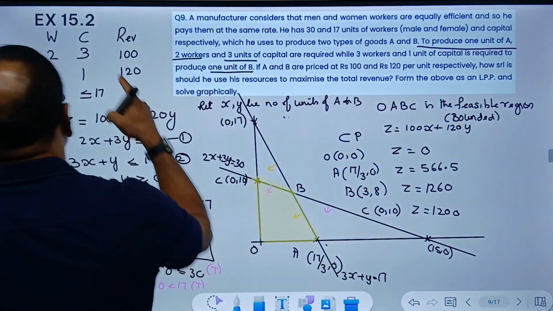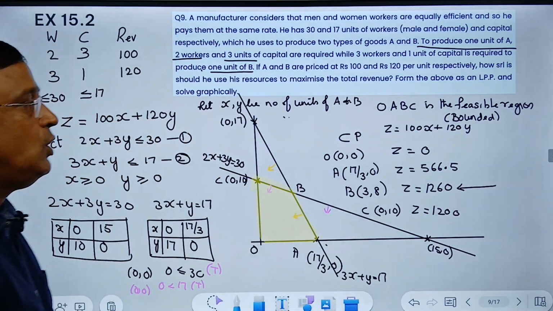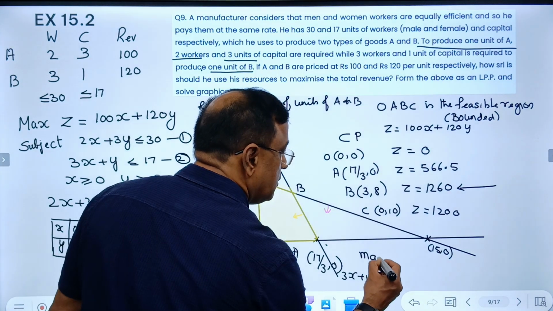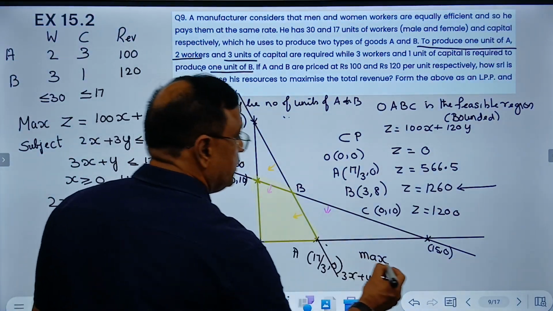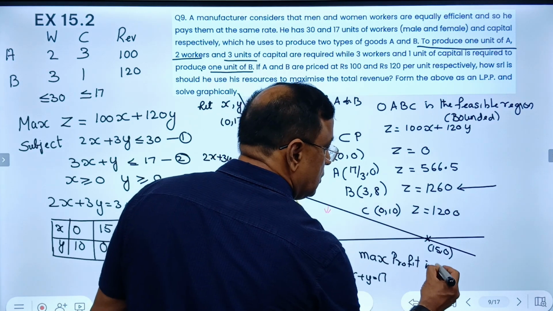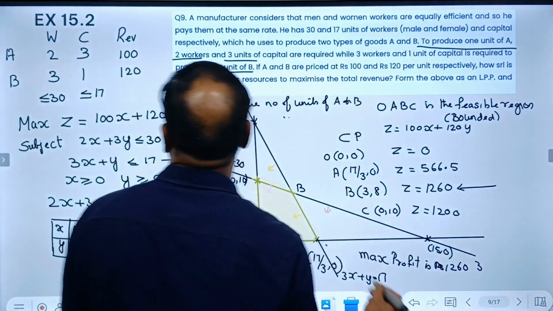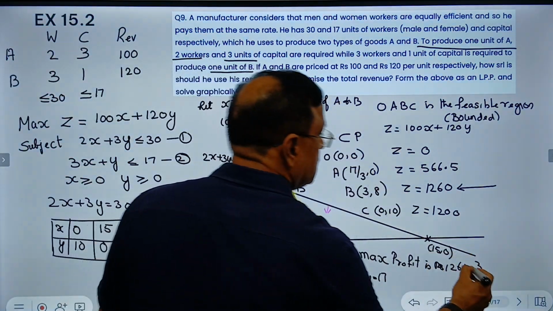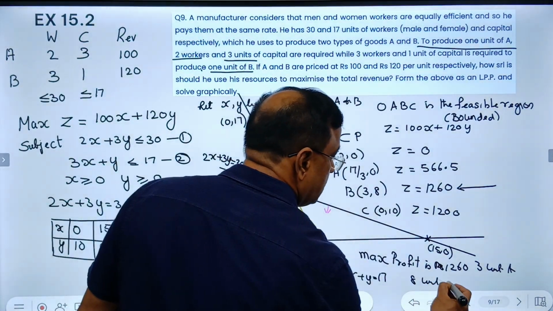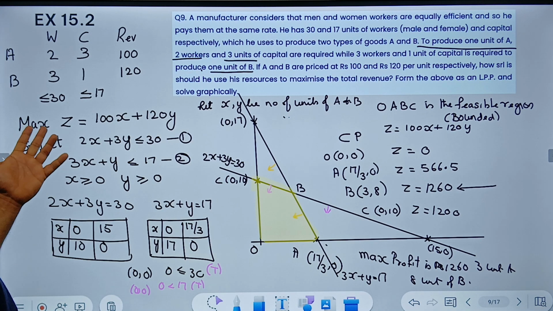And since the question is to maximize, the maximum value of Z is 1260. So you can write maximum profit. Always write the answer correctly. Maximum profit is rupees 1260 for 3 units of A and 8 units of B.